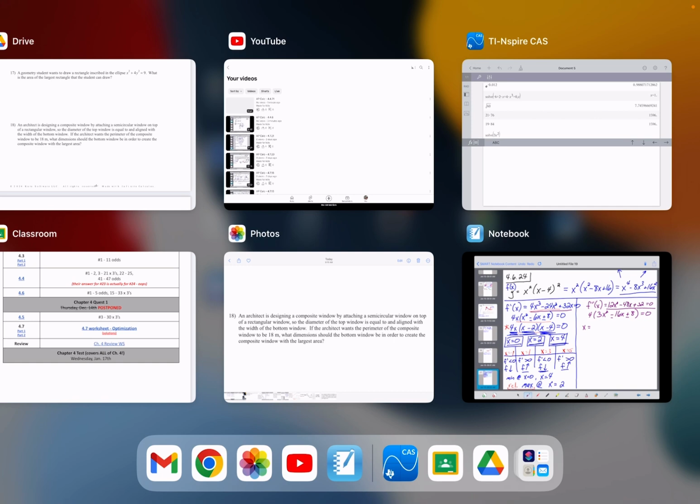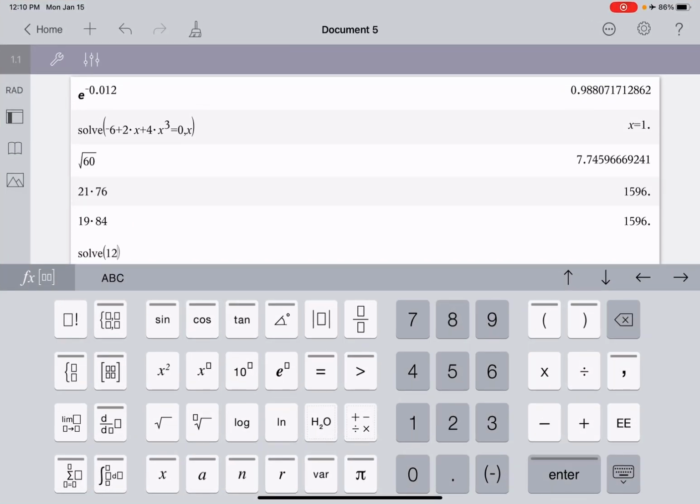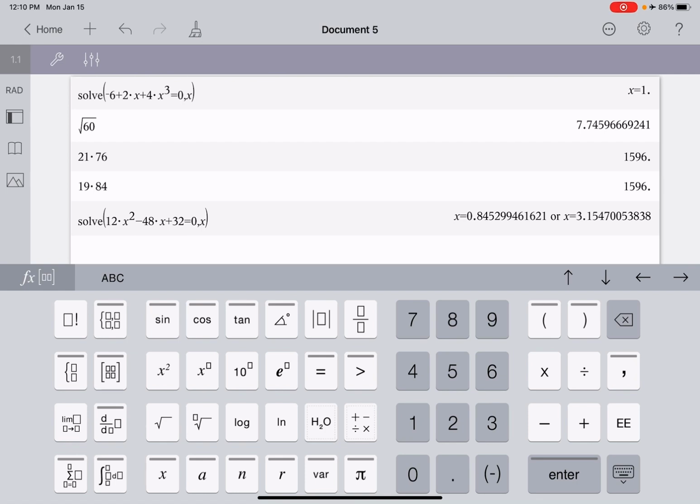Okay, let's try that again. Okay, so a 12x squared minus 48x, and then a plus 32. All of that was equal to 0. We'll put a comma there and ask it to solve for x. And when I hit enter, yeah, we got these ugly decimal numbers right here. Boy, it didn't even give it to us in radical form. That's interesting.